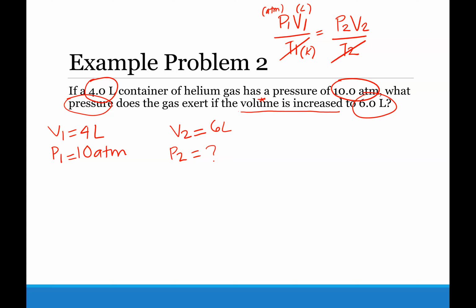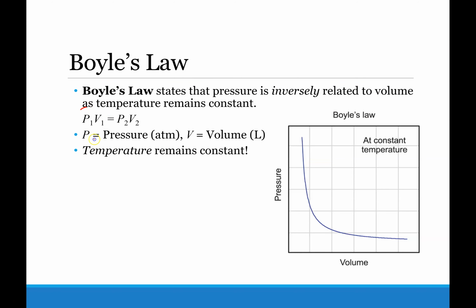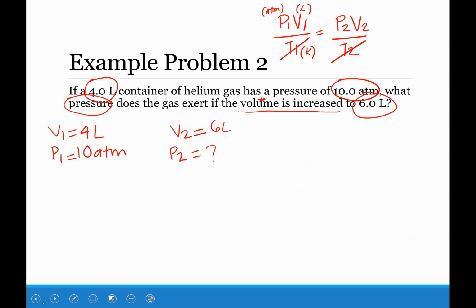So you can go ahead and just cancel temperature out and you end up with P1 V1 equals P2 V2, which you can see is exactly what Boyle's law is on the previous slide. So instead of having to memorize 3 equations, you just learn 1 and learn to work with that 1, which is much simpler than learning all 3 separately.